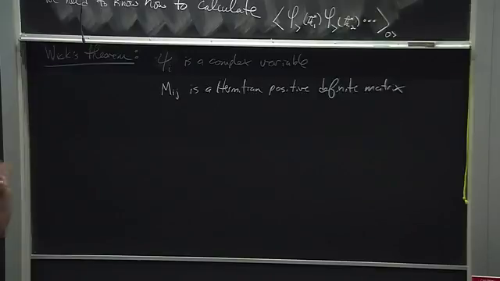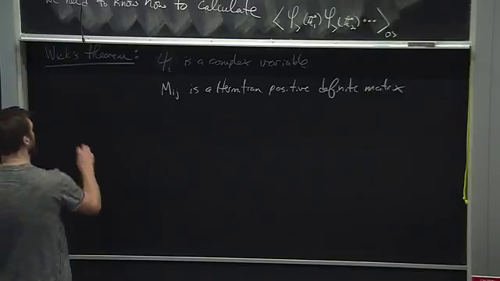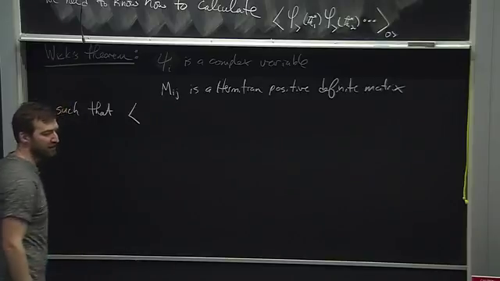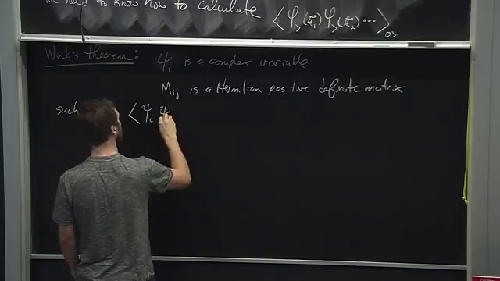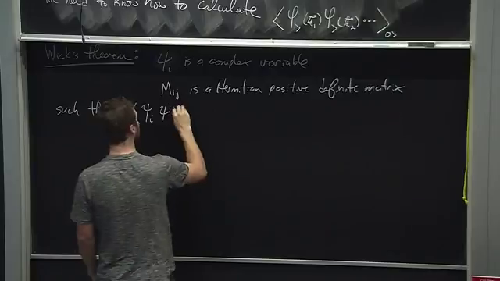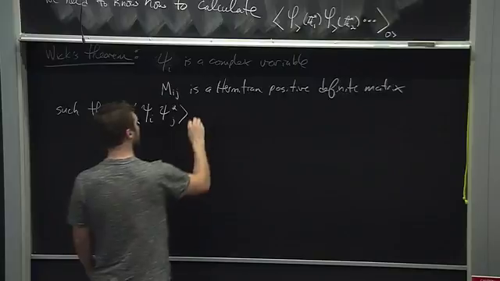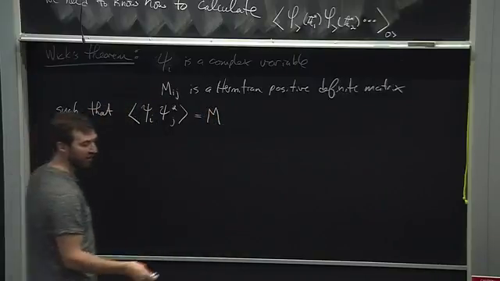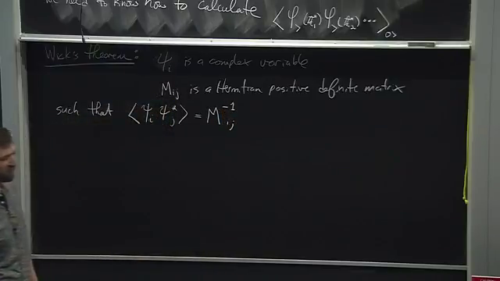The eigenvalues are all positive and non-zero. Such that I have an expectation value of 2 fields. So the analogous thing, where I have some fields with this Gaussian expectation value of these 2 complex numbers, I'm just calling that matrix. It happens to be the inverse.